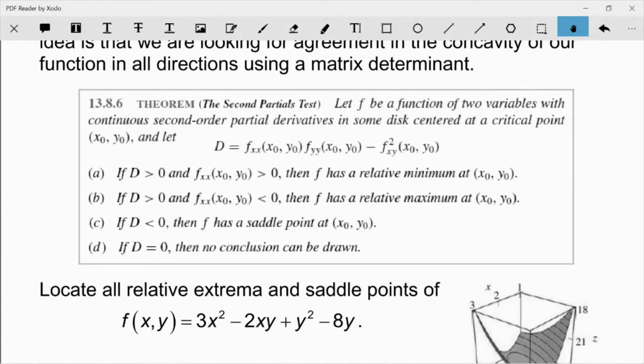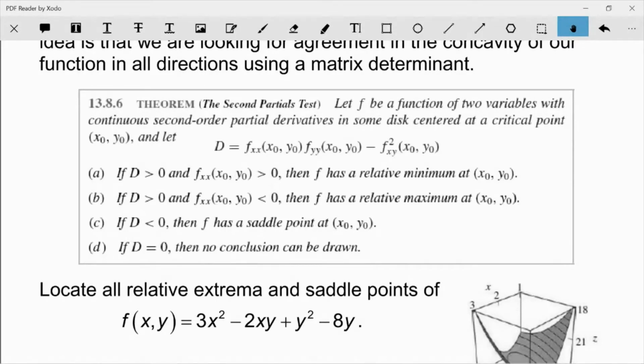So that's what this encompasses. Now, the idea behind this and proving all of this is really beyond the scope of this course. You can see that obviously, since we're doing a determinant, we're getting into the idea of maybe using some linear algebra to prove this. But we're just going to use this and apply it as opposed to actually proving it. But some of the logic behind it, we will talk a little bit about.